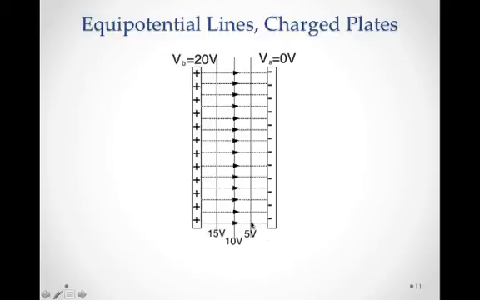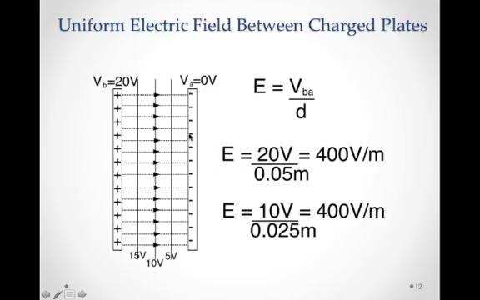So from here to here, that would be a potential of 5 volts relative to our zero location, and then we'd have a potential of 10 volts midway, 15 volts 3/4 of the way, and 20 volts all the way over.